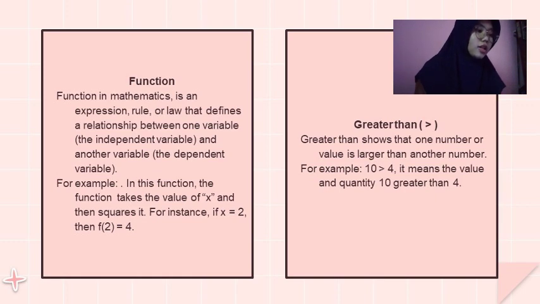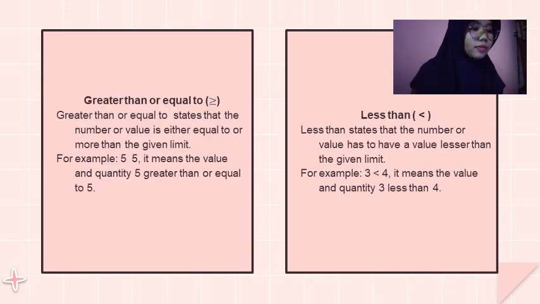Greater than. Greater than shows that one number or value is more than another number. For example, 10 greater than 4. It means the value and quantity 10 is greater than 4. Greater than or equal to.